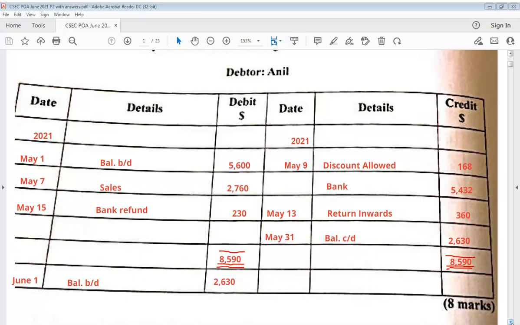Now we know the difference between the debit and the credit side is $2,630, and that would be the balance carried down, and on the first it would become the balance brought down 2,630. So that's what your debtors account of Anil should look like. All right, and you'll get 8 marks for that.